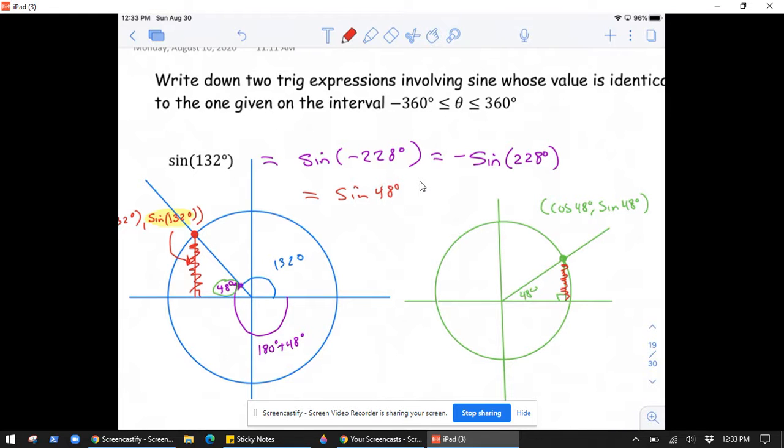And we can get one more if we use our identity above here. The identity I'm referring to is that the sine of negative theta is negative sine of theta. We can think of this as sine of negative 48 degrees, and according to that, it's negative sine of negative 48 degrees.